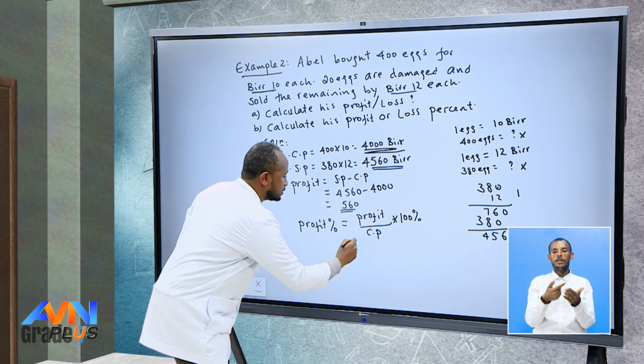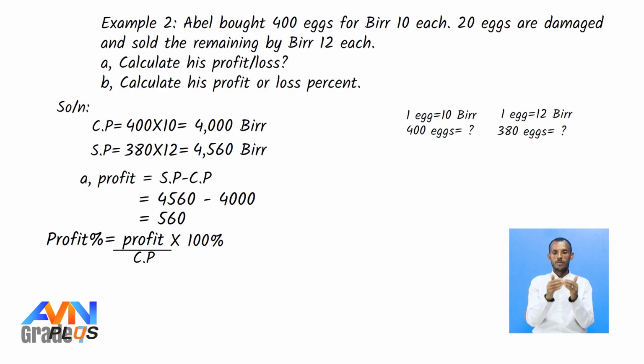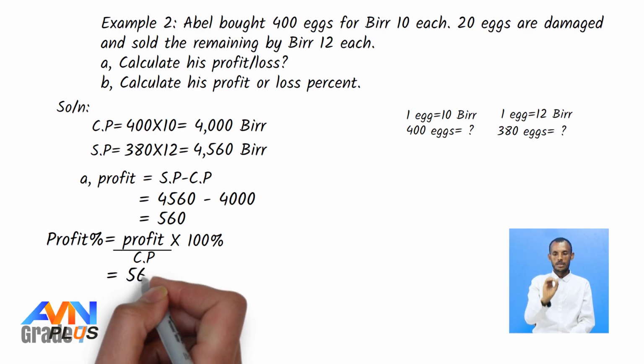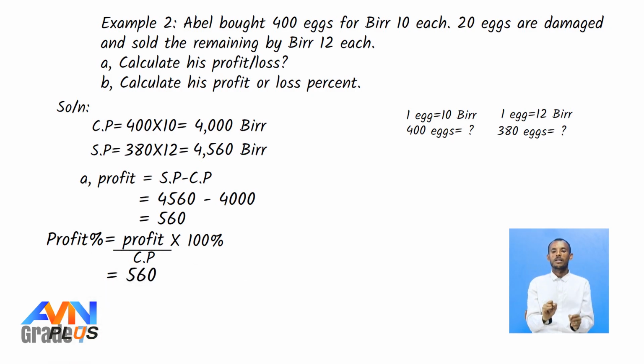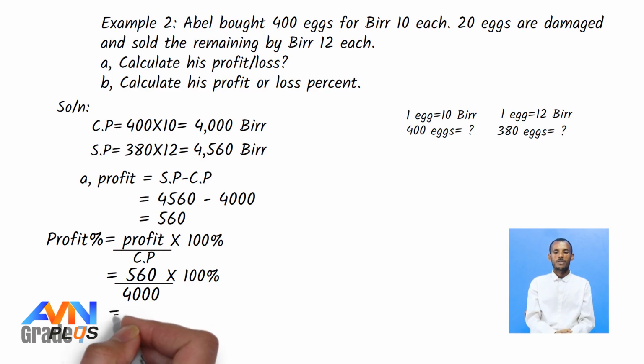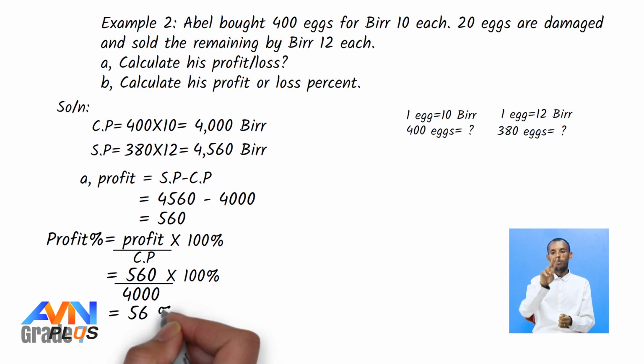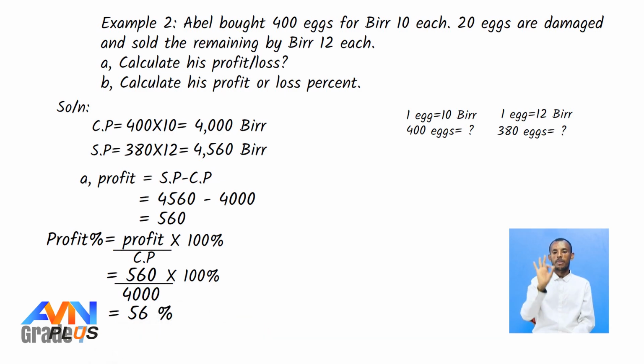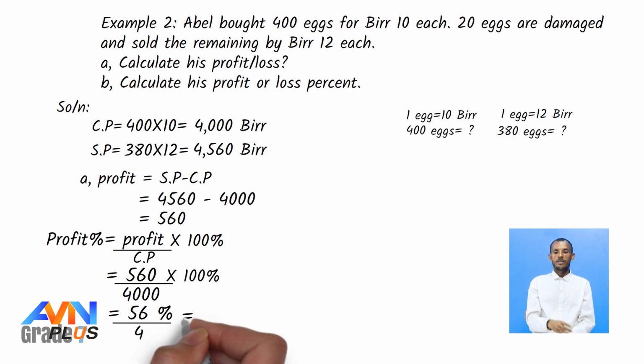Therefore, this is equal to the profit, 560, divided by the cost price. What is the cost price? It is 4,000, times 100%. So here you can cancel 2 zeros. You will have 56 divided by 4. So finally, when you divide this, you will have 14%. So this will be the final answer.